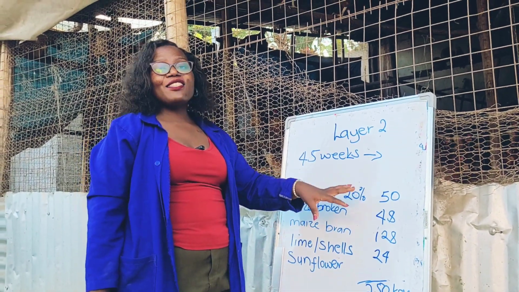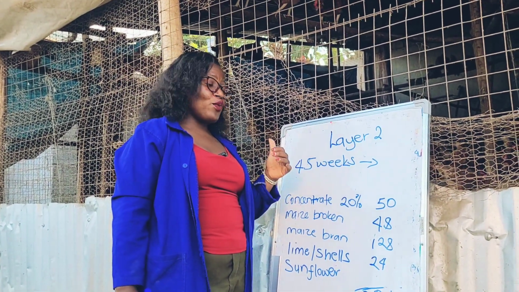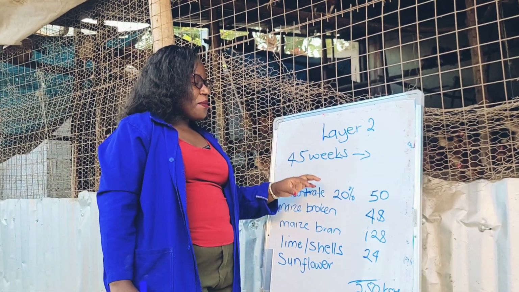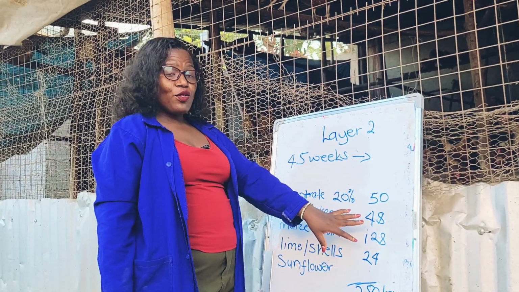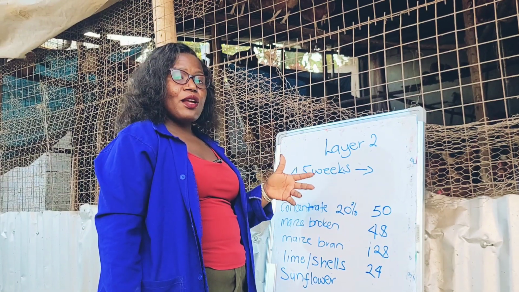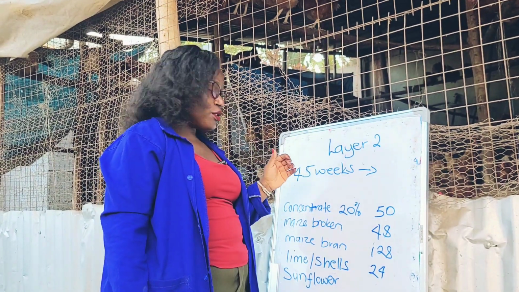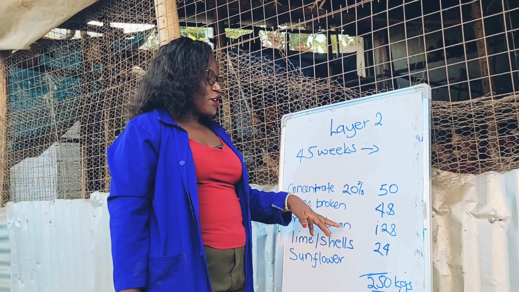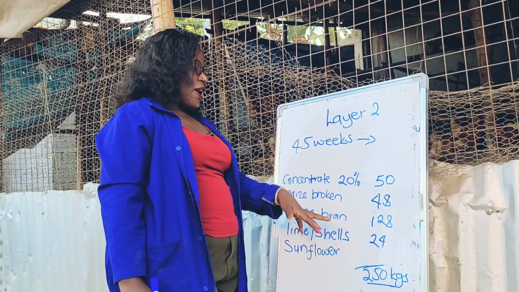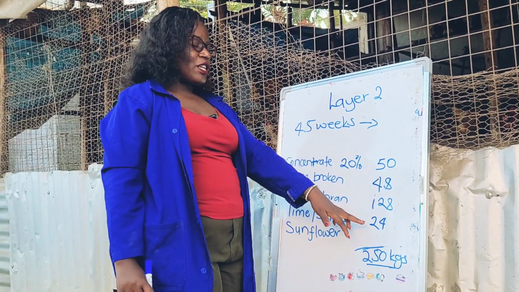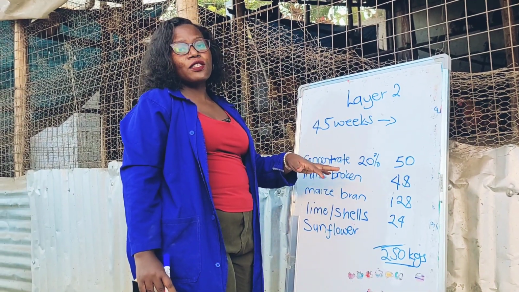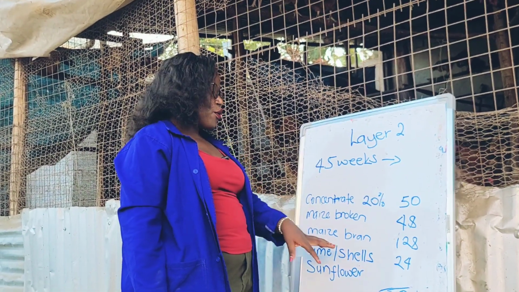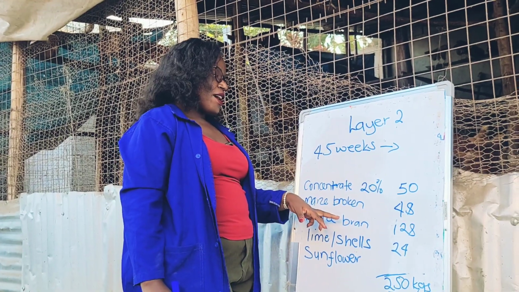But that small change can help you to reduce on the cost of production. Because normally at this stage, when you do those changes, the cost of production actually reduces because you have reduced on the broken and the brand, and you only increased on the shells, and the cost of shells is always very small compared to broken and brand.